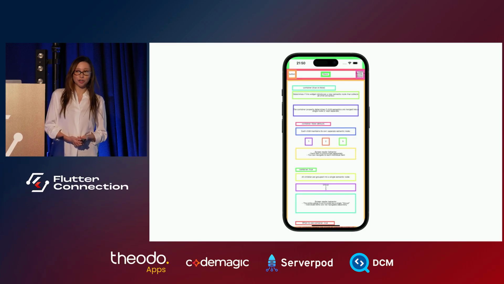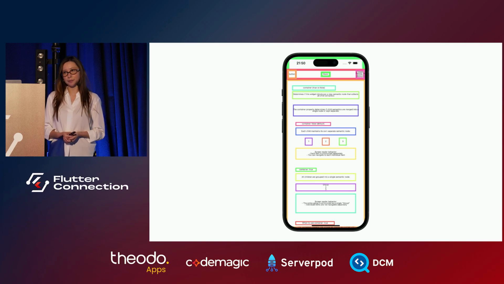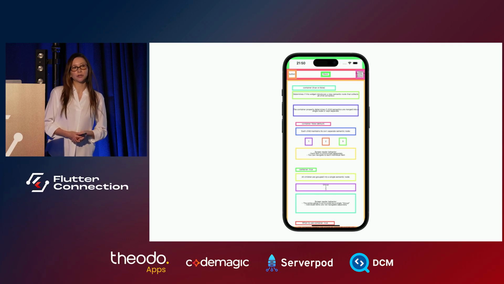When we flip the switch, here's the semantics annotated on the Flutter app, and suddenly the whole app looks very, very different. That difference is the semantic system, and this is what the talk is about.